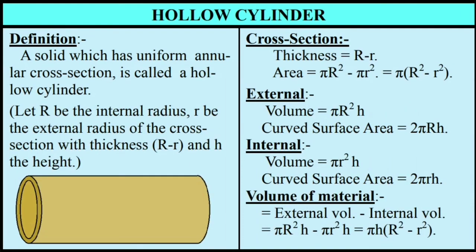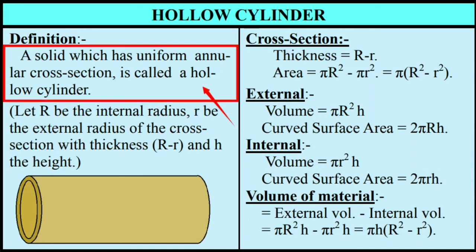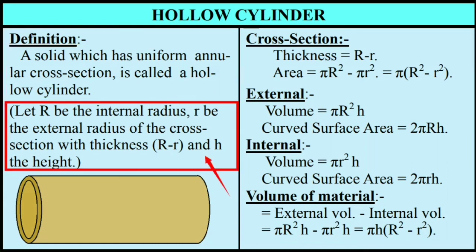The next part is hollow cylinder. The definition says a solid which has uniform annular cross section is called a hollow cylinder. As we could see, in a solid cylinder the uniform cross section was a circle, and here in a hollow cylinder the uniform cross section of the solid is an annulus.